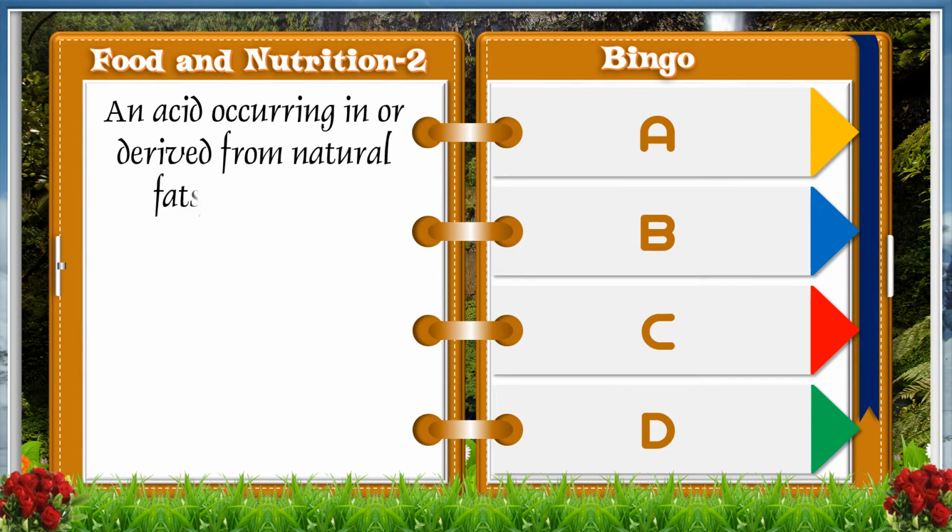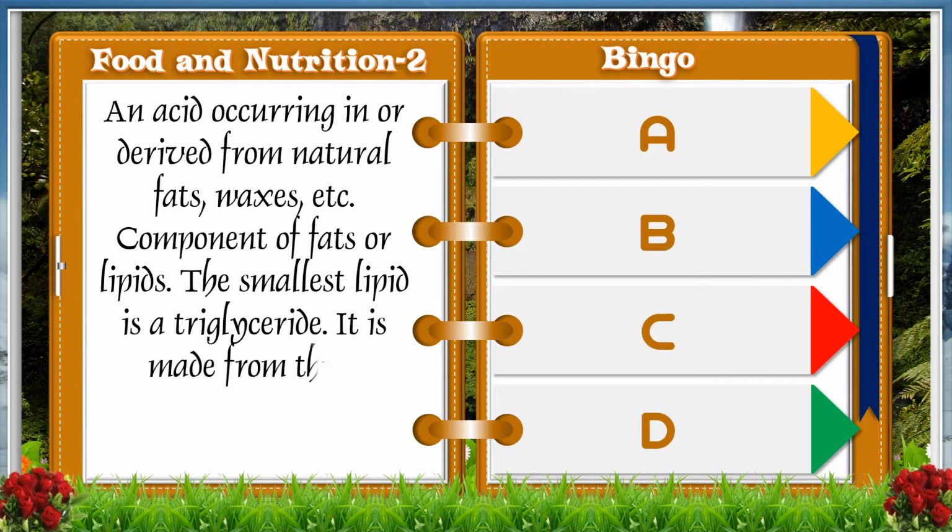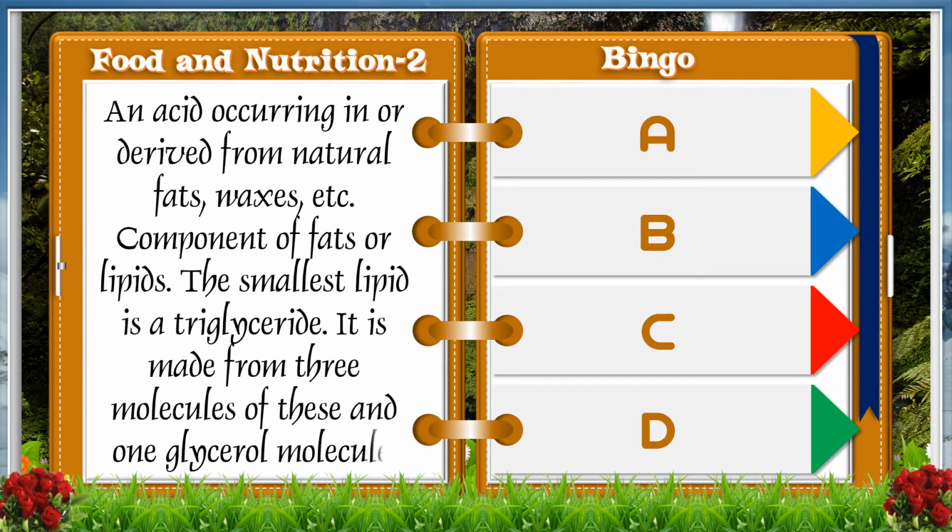An acid occurring in or derived from natural fats, wax, etc. Component of fats or lipids. The smallest lipid is a triglyceride. It is made from 3 molecules of these and 1 glycerol molecule.